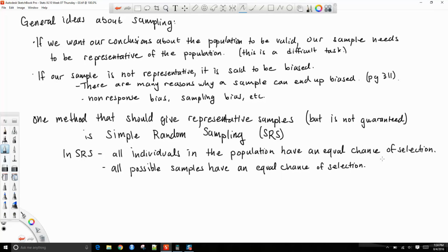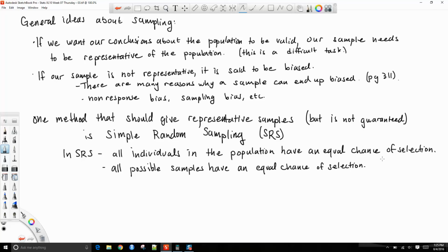What we mean by all possible samples, you can kind of think of lottery numbers. So if you play Powerball or whatever it is, they draw, I don't know, 6 numbers, 7 numbers or something, and every single number has an equal chance of being selected, and every possible combination of numbers has an equal chance of being selected.